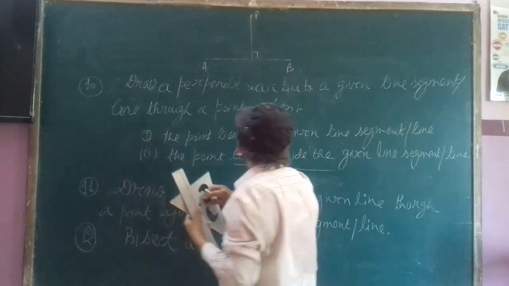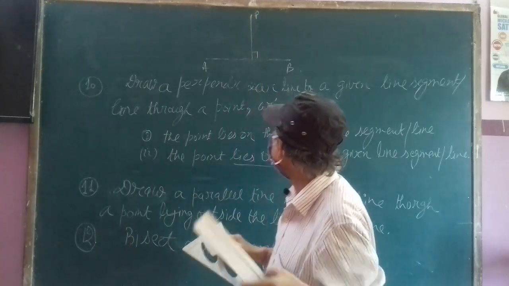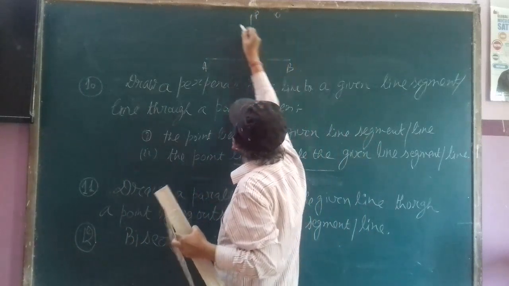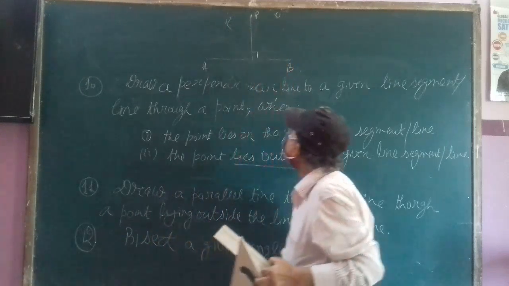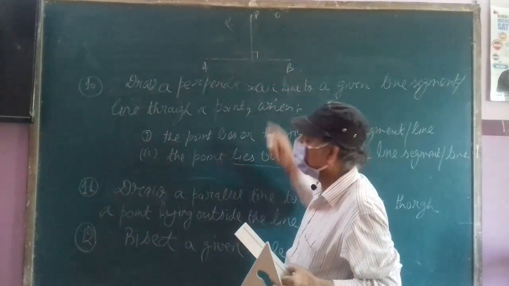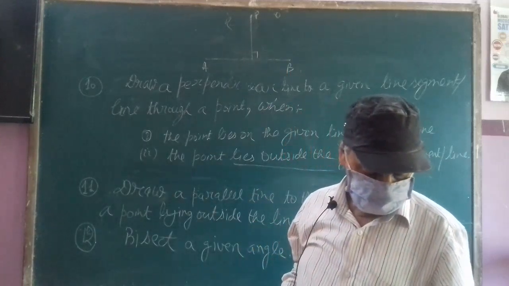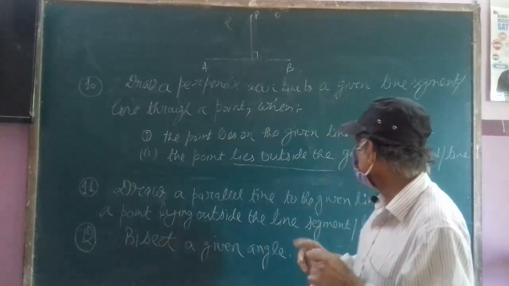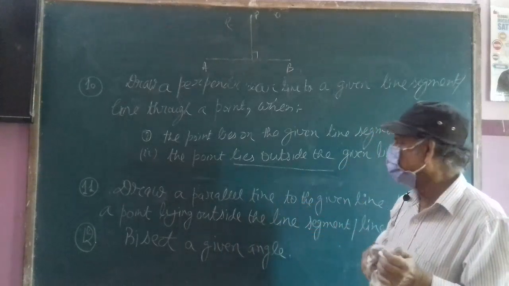In this way you can say this is the perpendicular through point P. You can take Q here also, and drop perpendiculars through P, Q, R, etc. It is a very fast method. Using a set square is a fast method. So I have done the 10th problem.